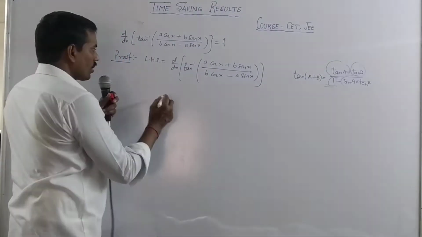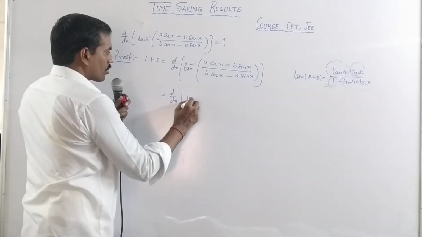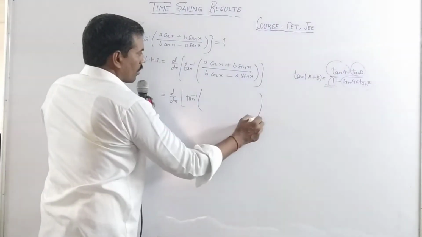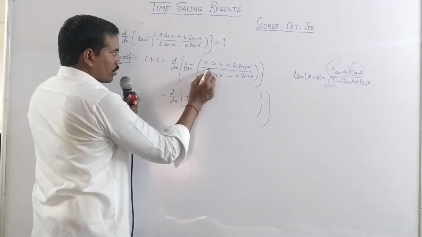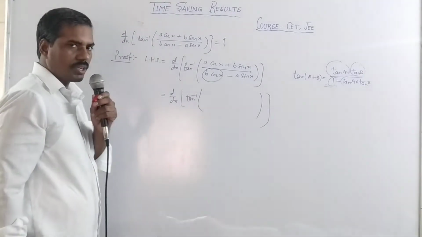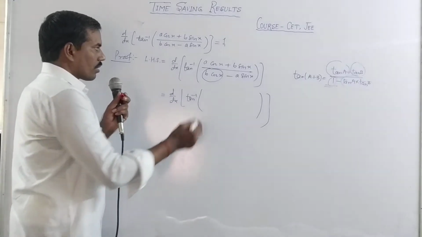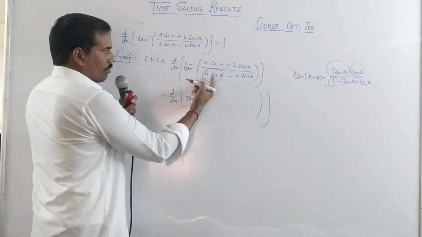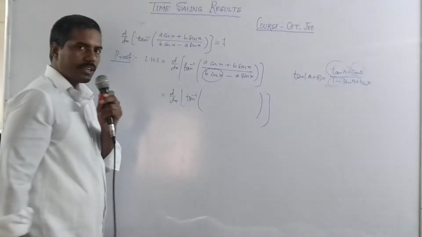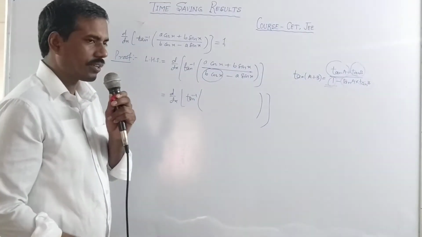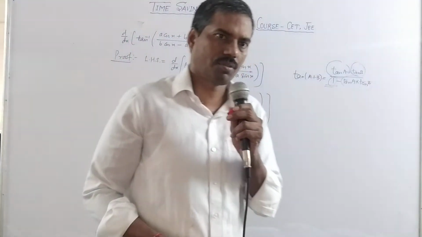This is equal to d by dx of tan inverse of... since we have to use that formula, make the first term in the denominator 1. We can make the first term 1 by dividing by b cos x in numerator and denominator, because any term becomes 1 when divided by itself.